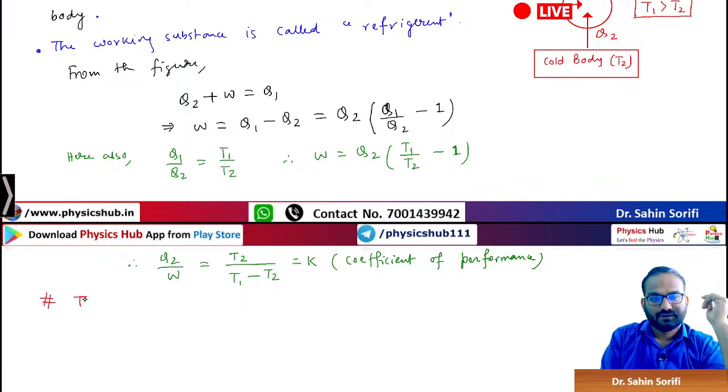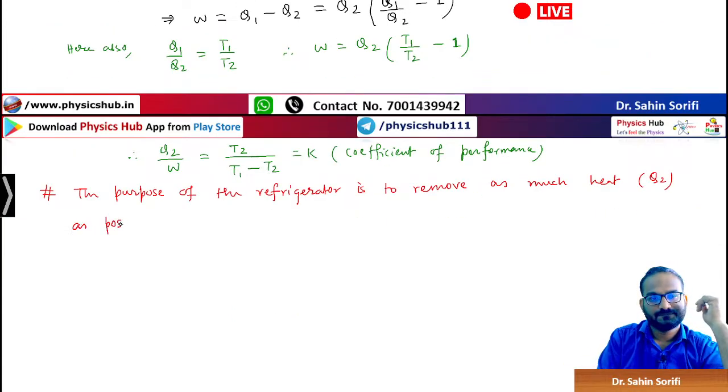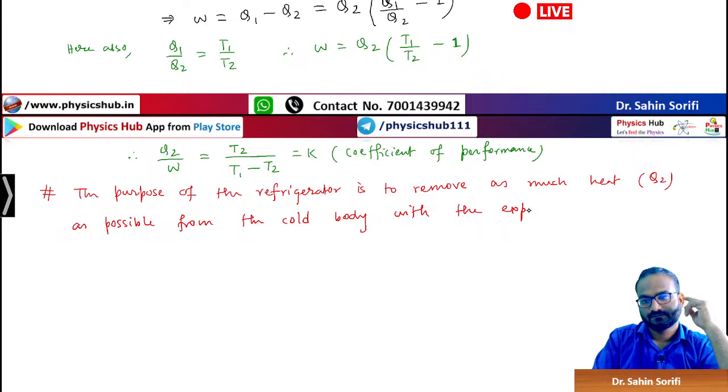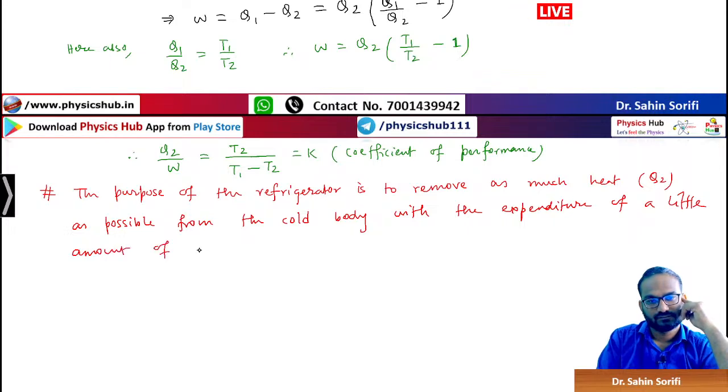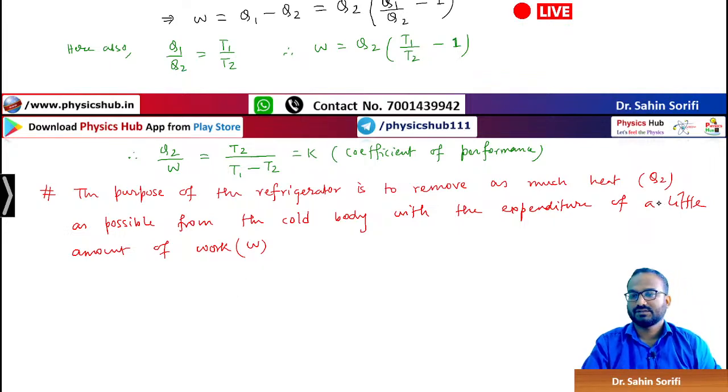You see, the purpose of the refrigerator is to remove as much heat Q2 as possible from the cold body with the expenditure of as little amount of work as possible.